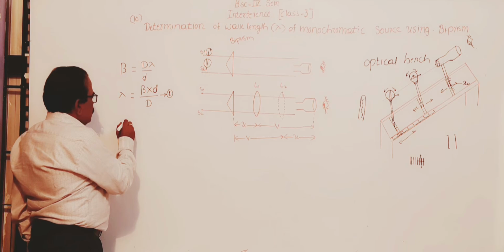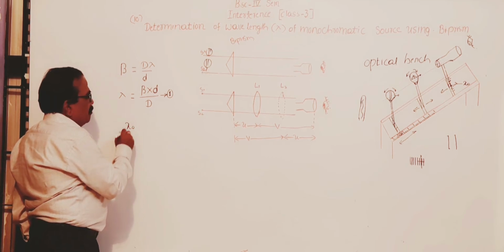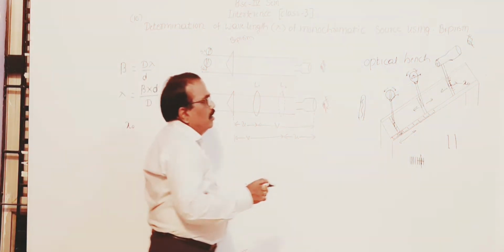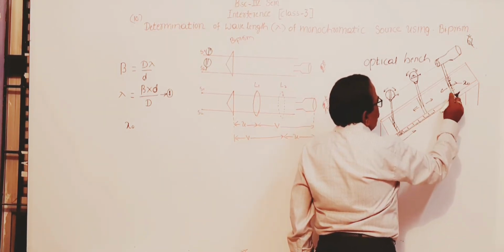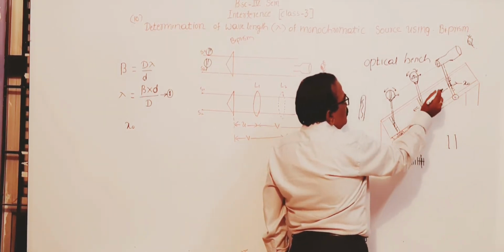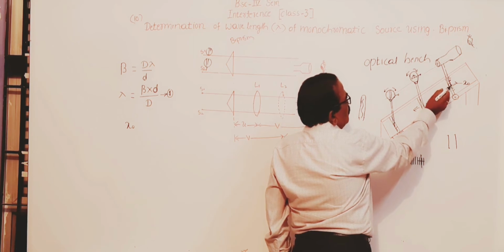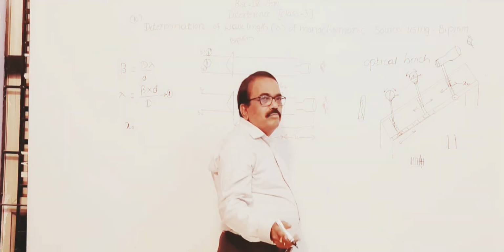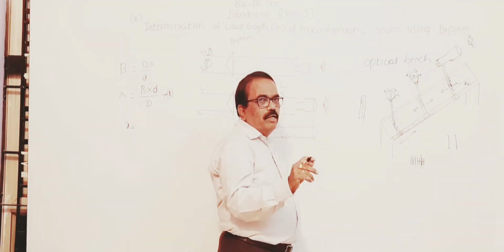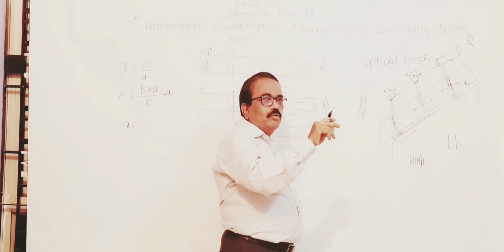Now you have x0. By rotating this screw, shift this crosswire to the second bright band, then third bright band, fourth bright band.